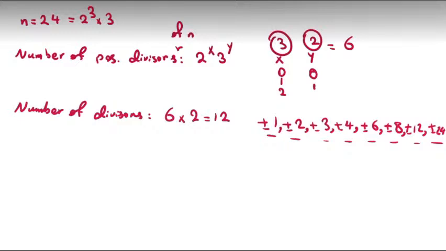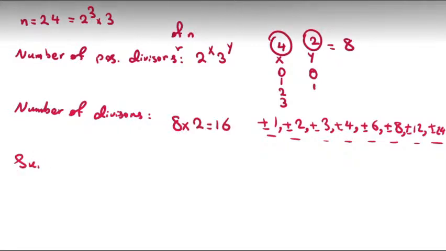Let's check. Oh, sorry, 2 cubed, I should write 3 here, so x has 4 cases. Also pay attention like this, so you don't make careless mistakes and lose marks. 4 times 2 is 8, and 8 times 2 is 16.